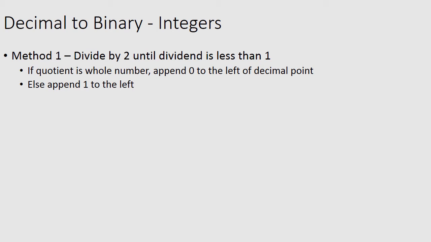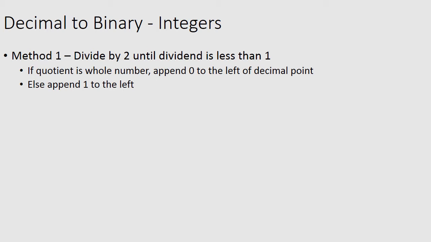Okay, now we are going to move on to conversions, decimal integers to binary. And so there are 2 methods of doing that. The first method is dividing by 2, and if the quotient is a whole number, you append 0 to the left of the decimal point, and otherwise you append a 1 to the left of the decimal point.